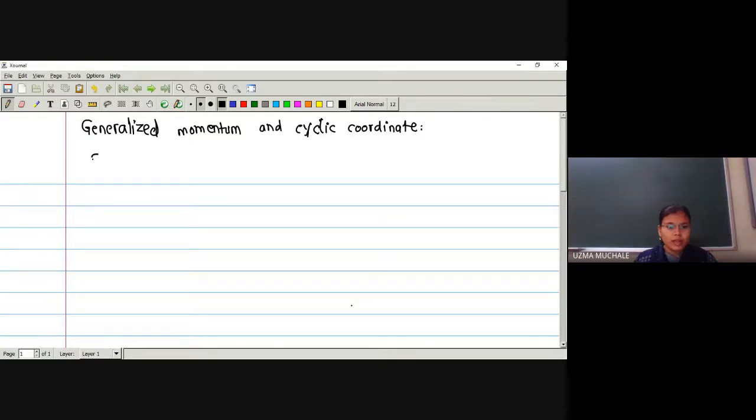The coordinate which is absent in the Lagrangian L is called a cyclic coordinate.